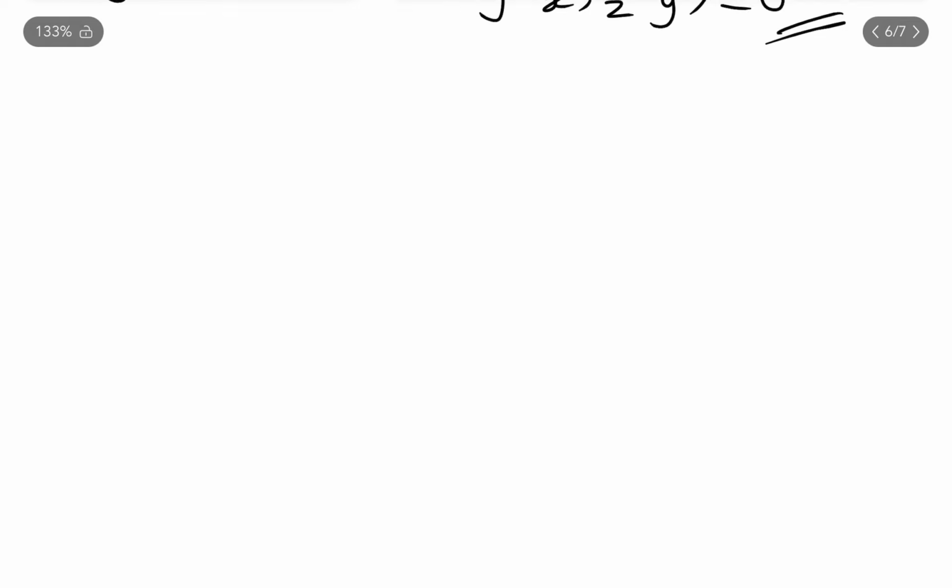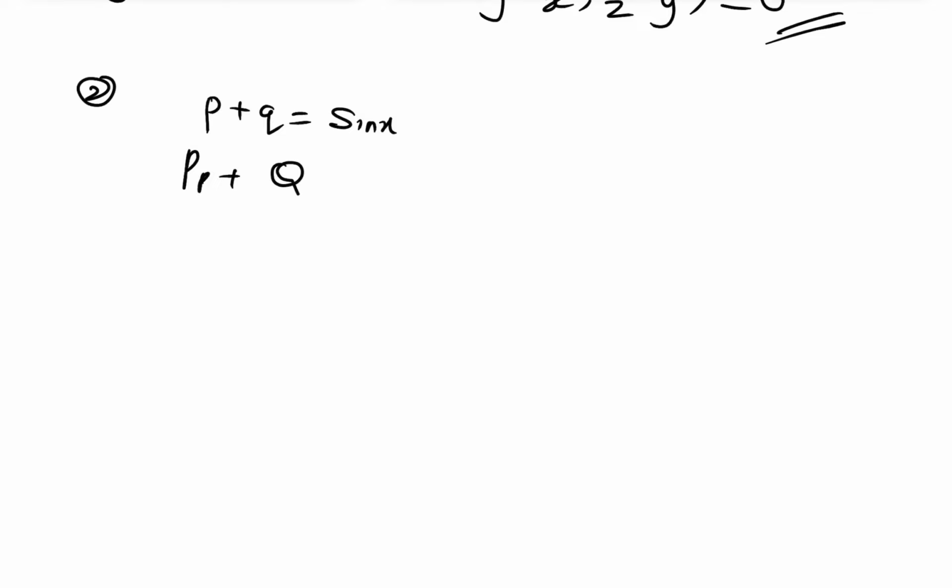So let's take another question. In example 2, we have p plus q equals sine x. So it's still in the form P p plus Q q equals R. The coefficient of p is 1, so that is our capital P, and the capital Q is also 1.